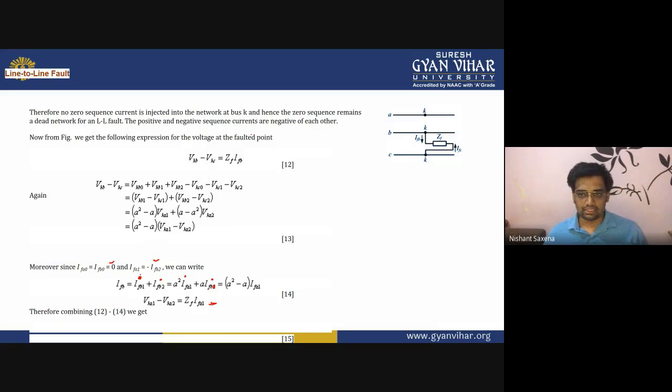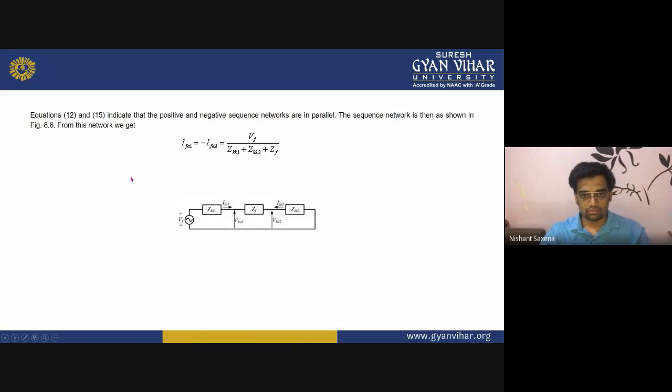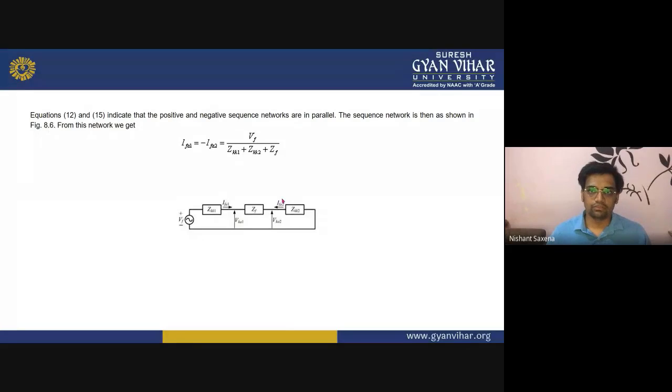So from equation number 12 and 15, we can say that the positive and negative sequence networks are in parallel.